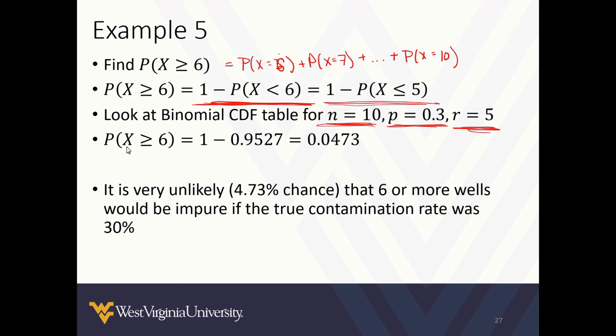Therefore, the probability of X greater than or equal to 6 would be 1 minus 0.9527, which gives us a probability of 0.0473. So in conclusion, it is very unlikely that 6 or more wells would be impure if the true contamination rate was 30%. In fact, it would only have a 4.73% chance, so not very high.